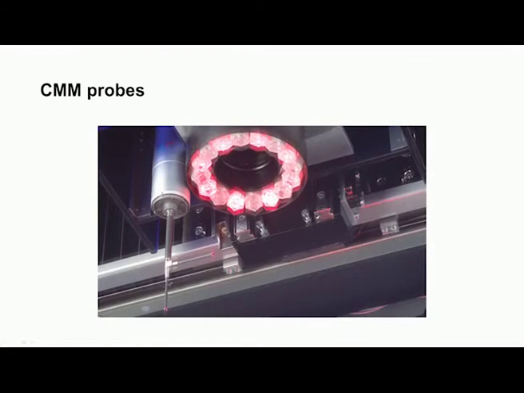And you can see a photograph of a contact type probe. These probes will make contact on the workpiece at the specified locations, and data points are given to the computer for analysis and processing.